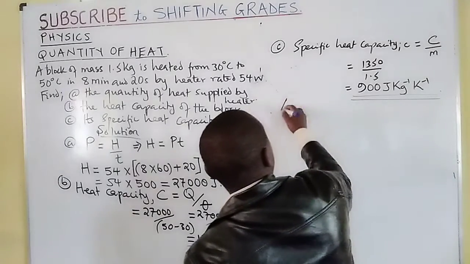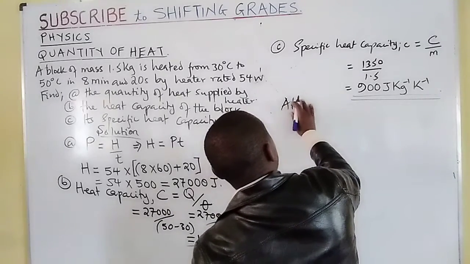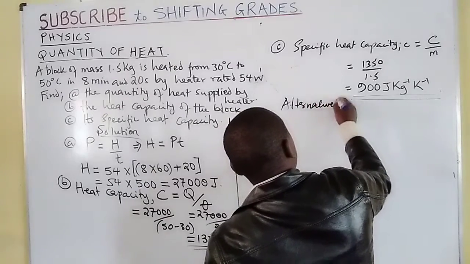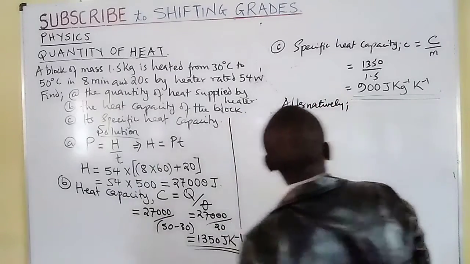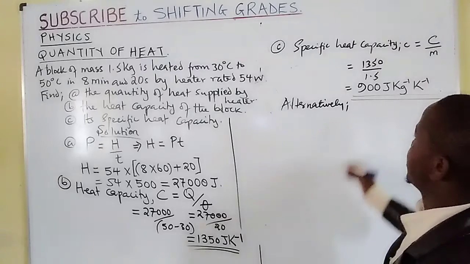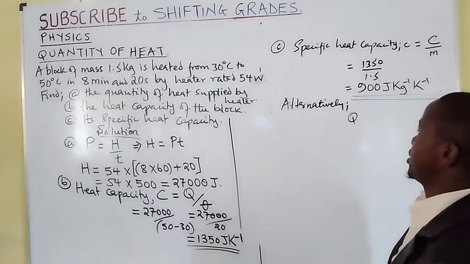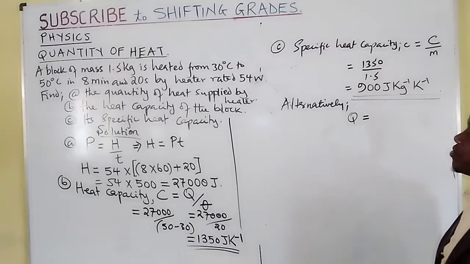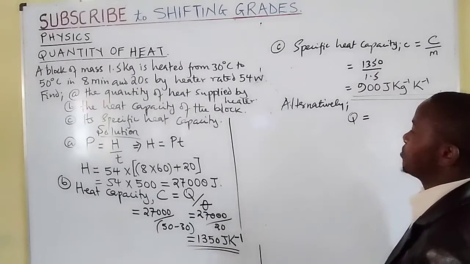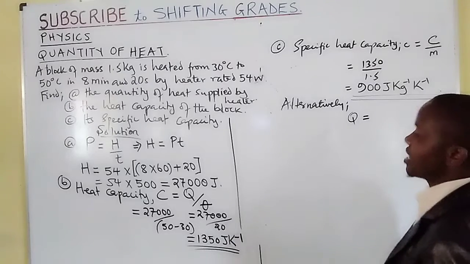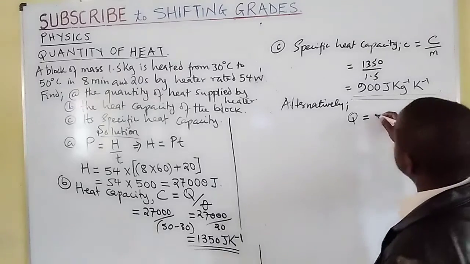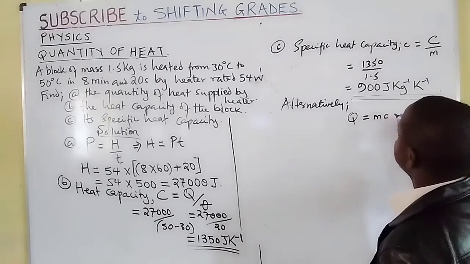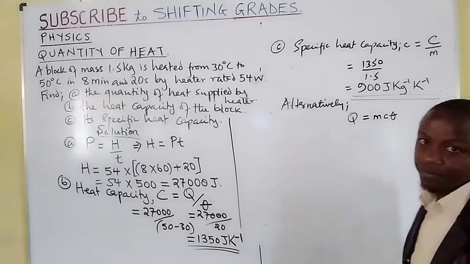Alternatively, remember we said that the quantity of heat absorbed or released or lost is given by mass times specific heat capacity times change in temperature.